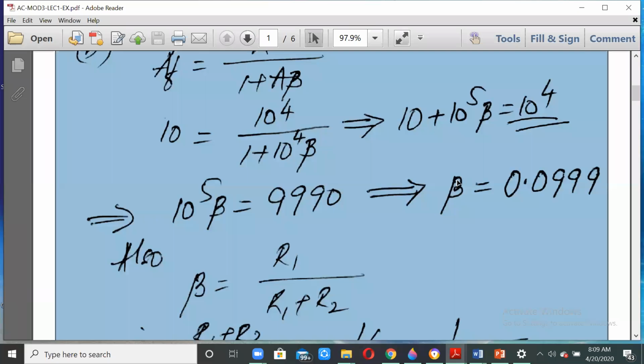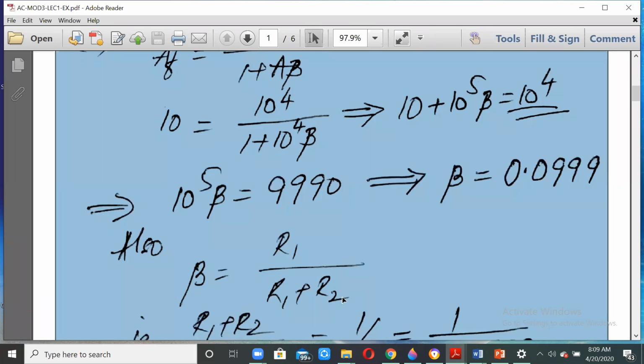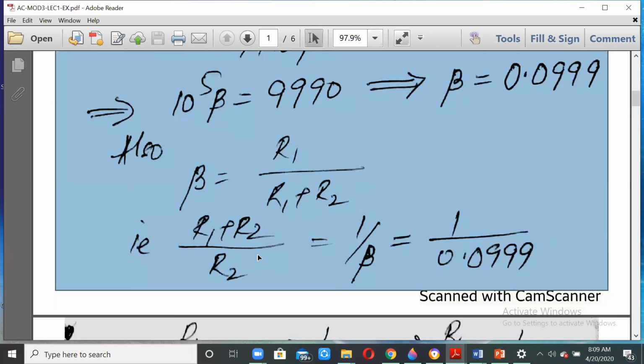Having found the value of beta equal to 0.0999, we need to find the value of R1 by R2. We know beta is equal to R1 by R1 plus R2. If you take the inverse, R1 plus R2 by R1, that is 1 by beta.